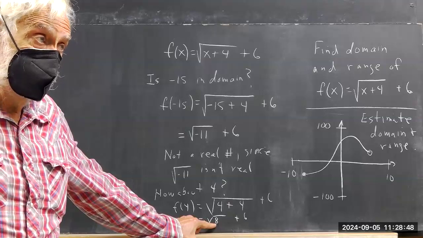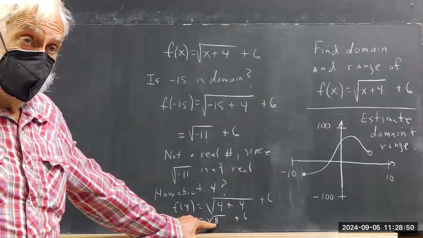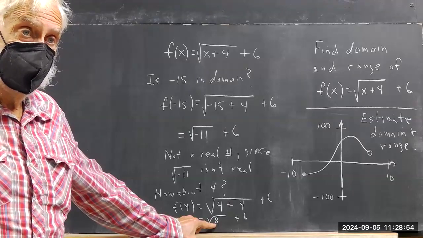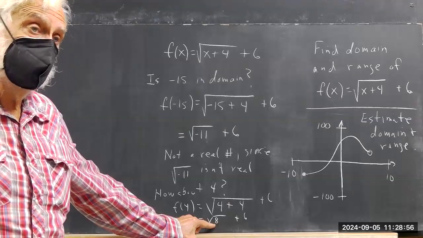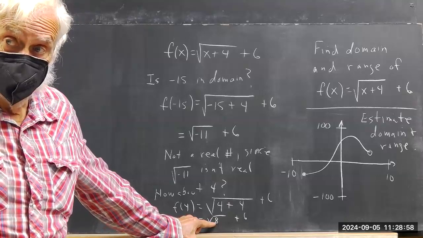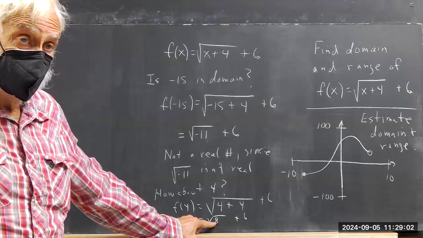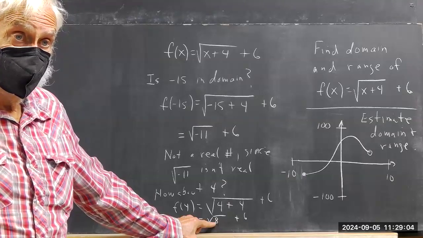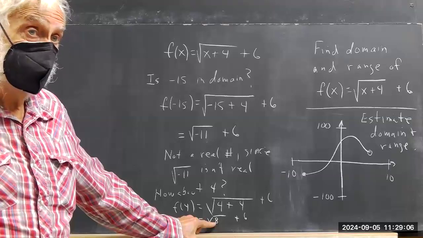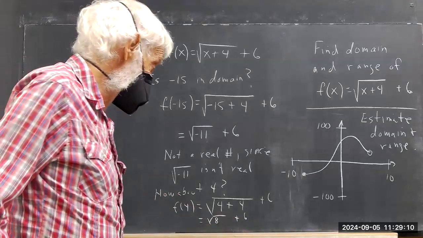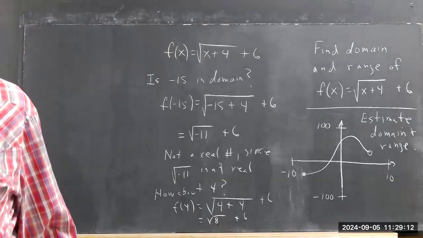Because the square root of 4 is 2, and the square root of 9 is 3, right? Eight is between 4 and 9. So the square root of 8 is some real number between 2 and 3. So it's definitely a real number, and that number would then be added to 6.